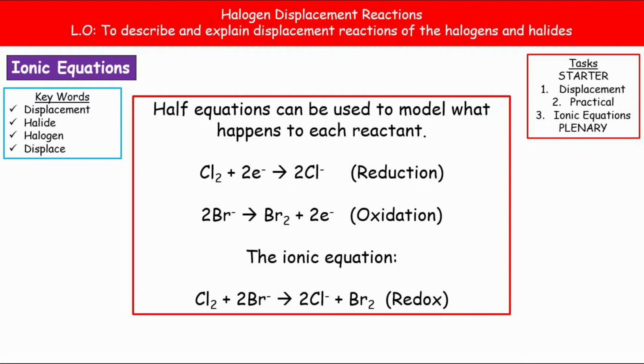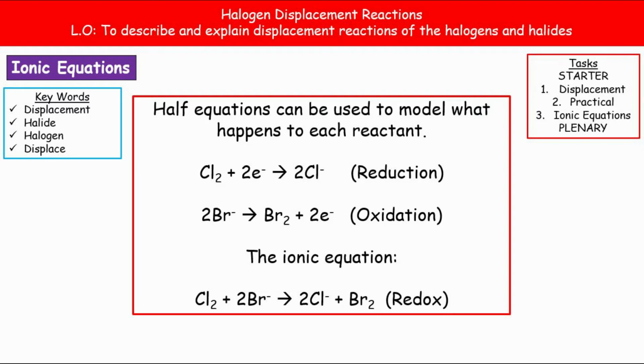So we have two bromide ions, 2Br minus, making one molecule of bromine, Br2, plus two electrons, 2e minus. And because in this case we're losing electrons, oxidation is the reaction, because oxidation is the loss of electrons. So we've got our two half equations at the top there.